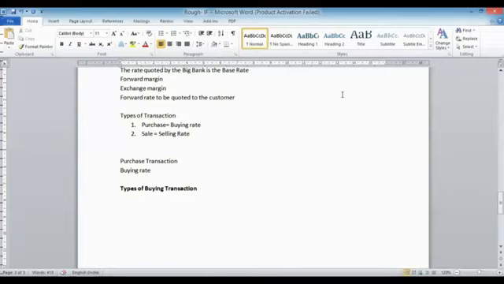The bank will verify whether the letter of credit issued by the importer is genuine or not. If the bank finds the LC is genuine, the bank may be interested in purchasing that LC from the customer. The bank will quote the rate.